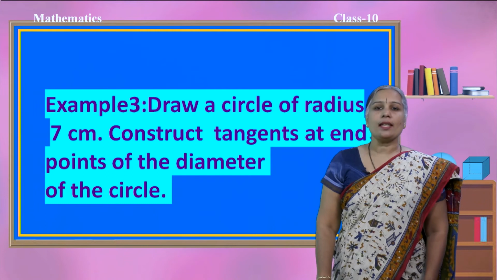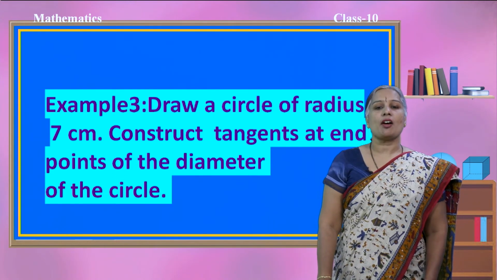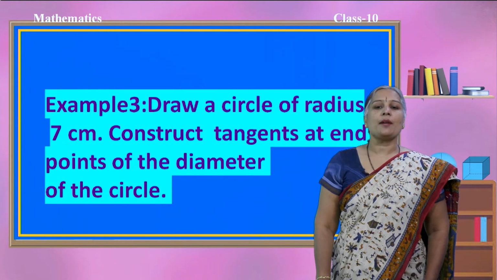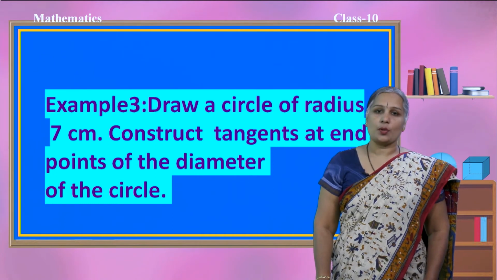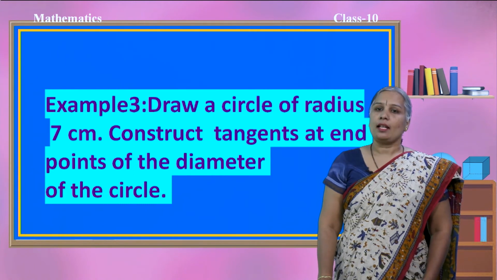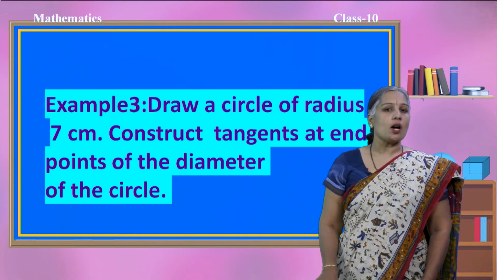Now we'll see next example. The example goes like this. Draw a circle of radius 7 cm. Construct tangents at end points of the diameter of the circle. Students, here you have to construct a circle of radius 7 cm like previous example. Then you have to draw a diameter.